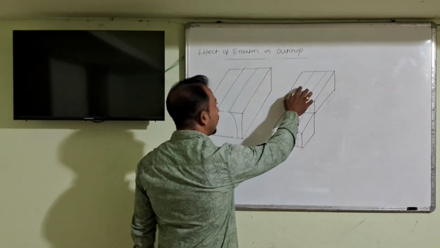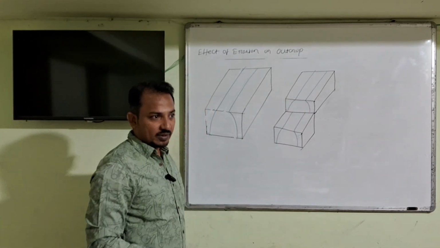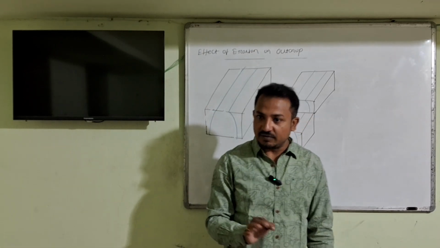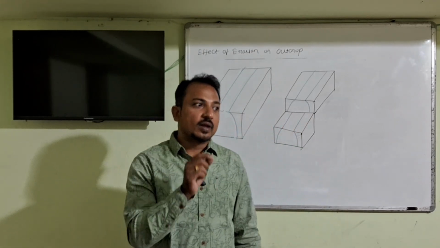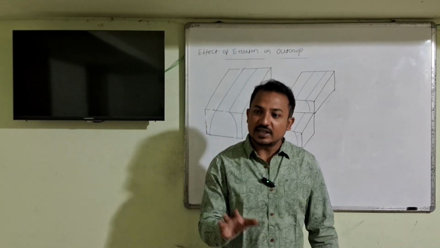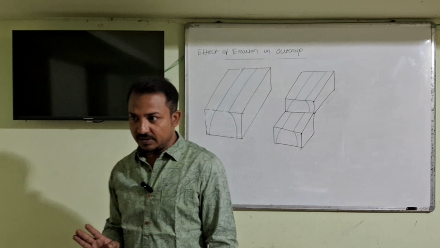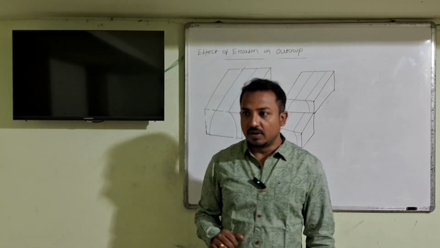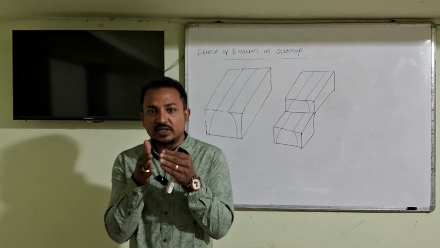So the first concept in the case of an antiform is that the spacing between the outcrops increases with depth. And it is opposite for a synform, where the limbs dip towards each other.